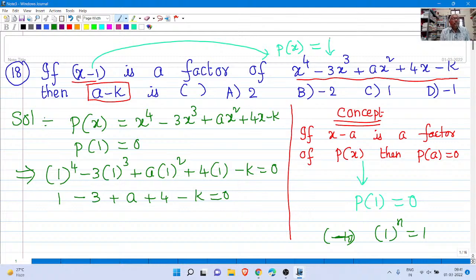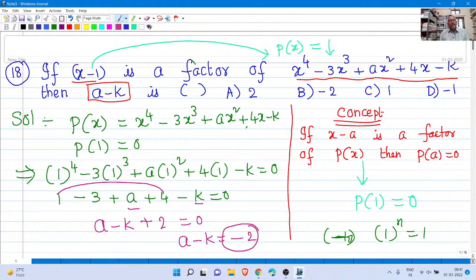But what shall we get now here? See, a minus k value, you need a minus k. 4 plus 1 is 5. 5 minus 3, 2. Okay, plus 2 equals 0. So a minus k equals negative 2. Negative 2 is our answer. So B is the right option.